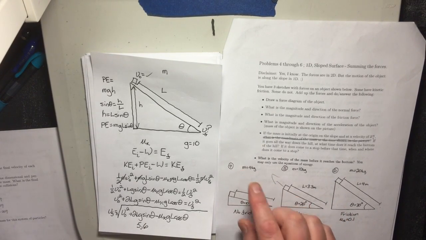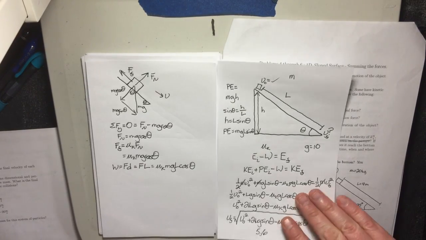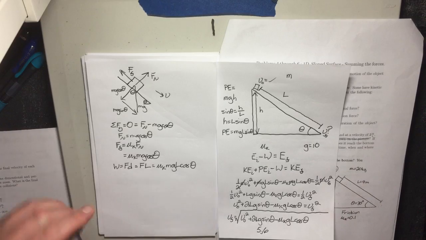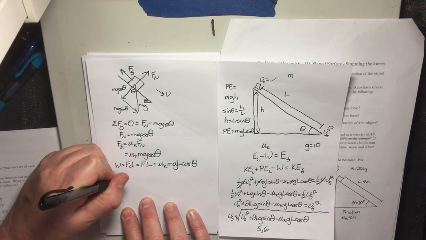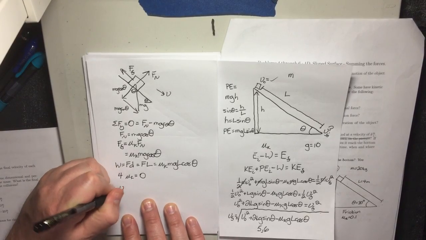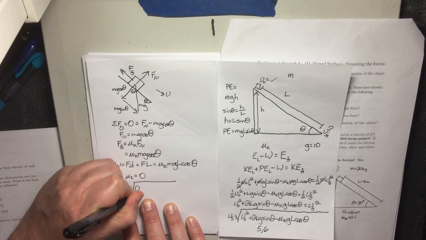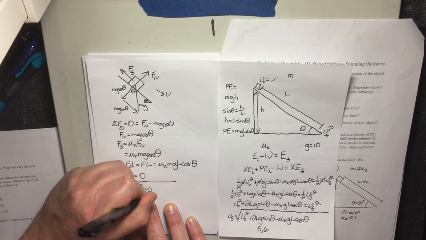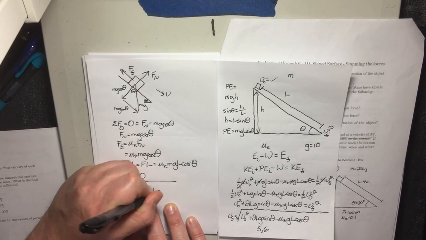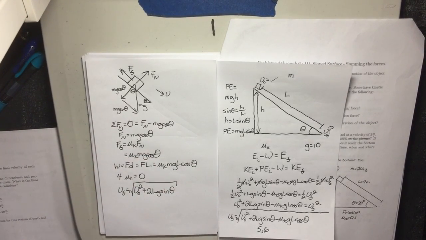What makes 4 simplified is that in number 4, mu sub k is equal to 0. So v final simplifies to v naught squared plus 2Lg sine theta. And you just have to figure out that part.